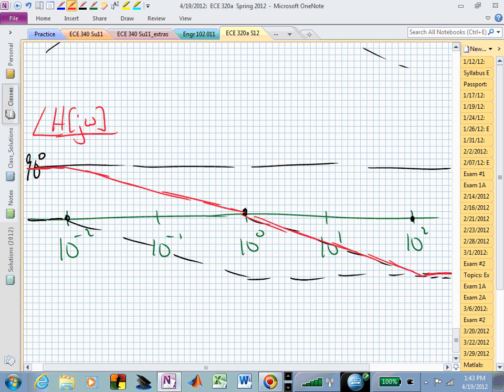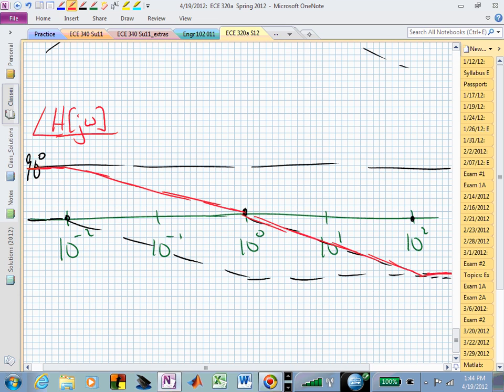Meaning at high frequencies, what's our phase shift? Minus 90. At low frequencies, what's our phase shift? Plus 90. Is there a frequency where our input waveform is aligned with our output waveform in the sinusoidal steady state? There's just one frequency, isn't there, in this straight line approximation, and that's right at omega equal to 1.